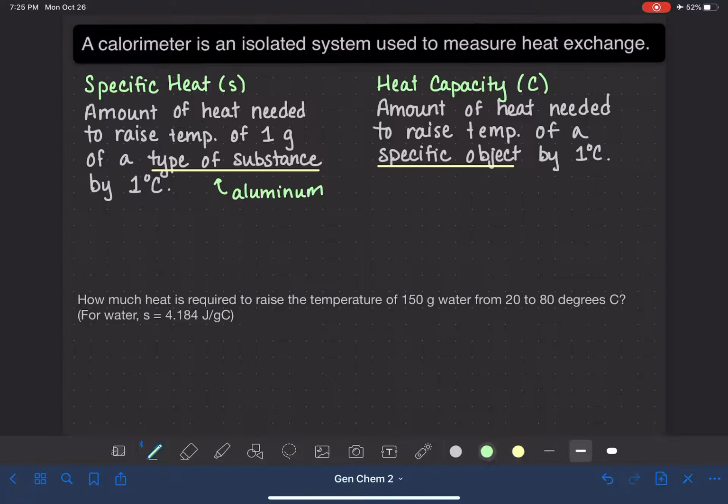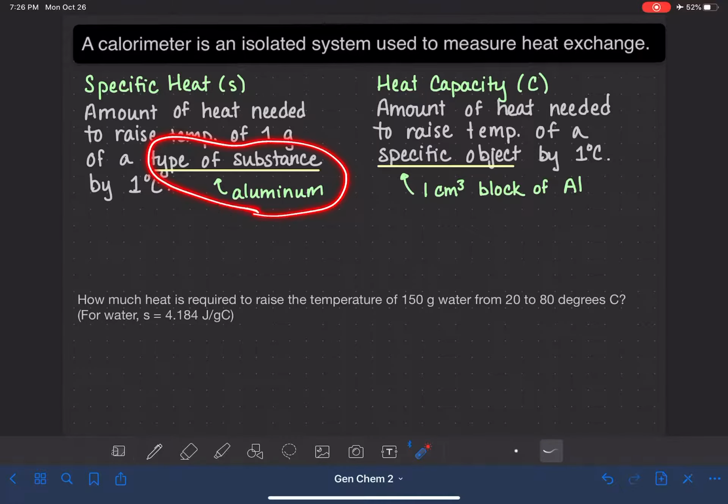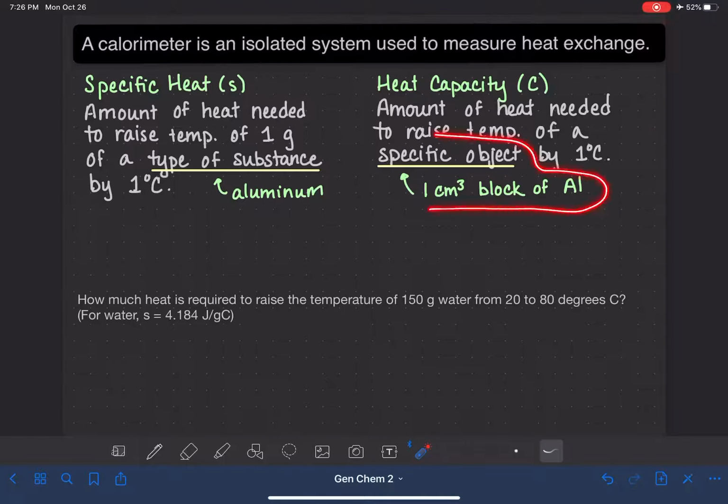So the heat capacity maybe applies to a particular 1 centimeter cubed block of aluminum. So the specific heat applies to just a type of material, whereas heat capacity applies to an actual object with a specific size and a specific mass.